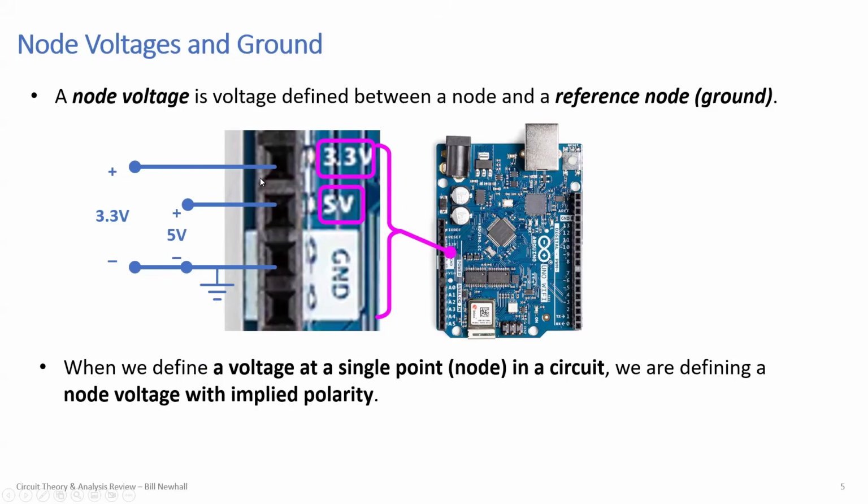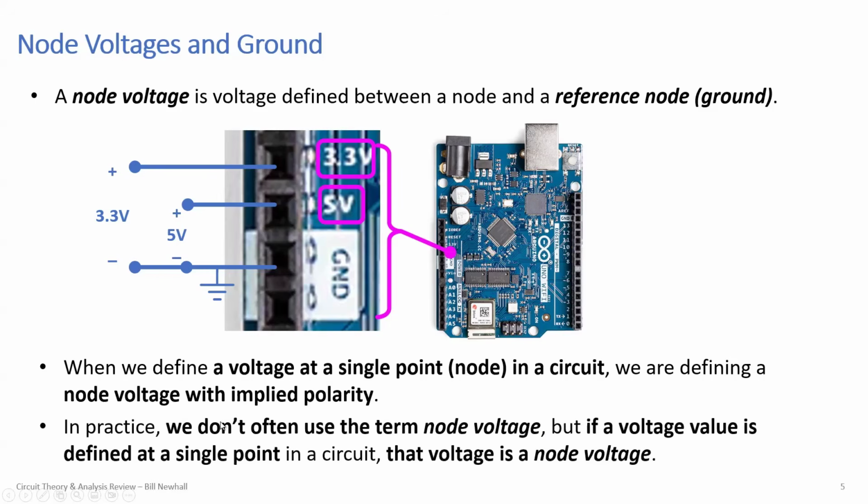The positive always goes wherever the node voltage is written, like 3.3 volts. Negative always goes at ground. It doesn't mean you can't measure voltages elsewhere in the circuit by moving the negative terminal of your voltmeter. But if you're dealing with a node voltage, the negative is always the ground or the reference node.